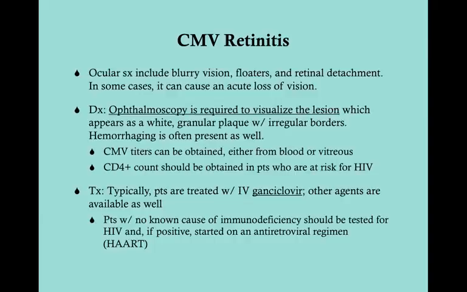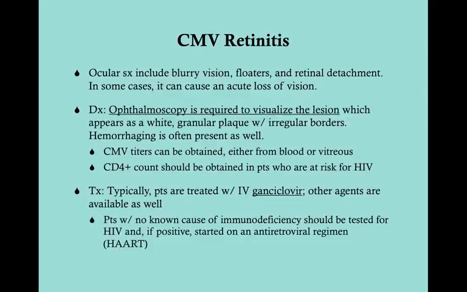So CMV retinitis will typically be the AIDS patient that is suddenly experiencing ocular symptoms. When you have a patient who has signs consistent with retinitis, you have to refer the patient to ophthalmology. And what they will do is ophthalmoscopy.